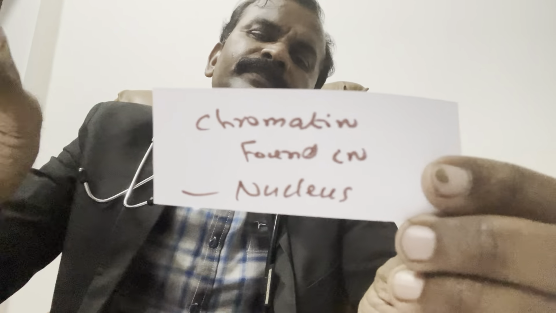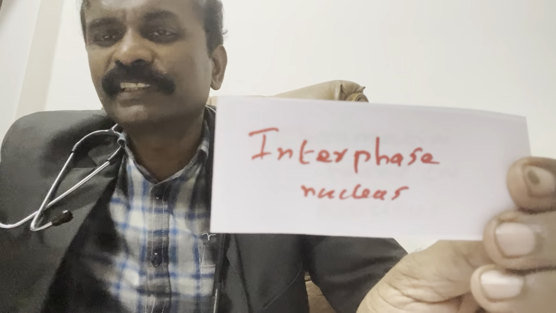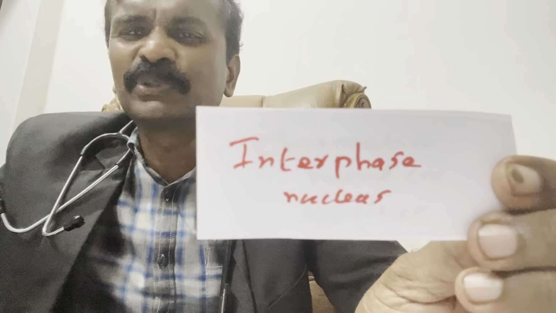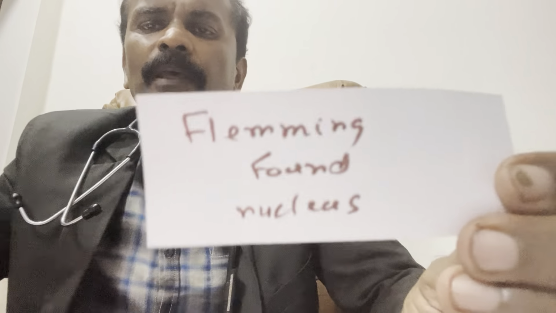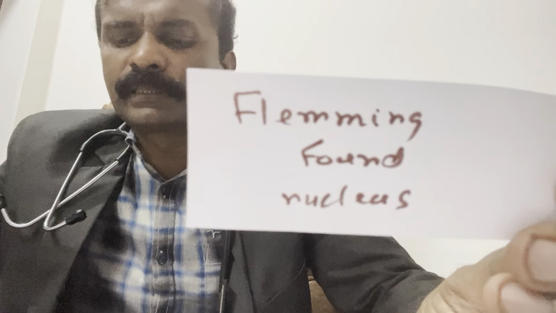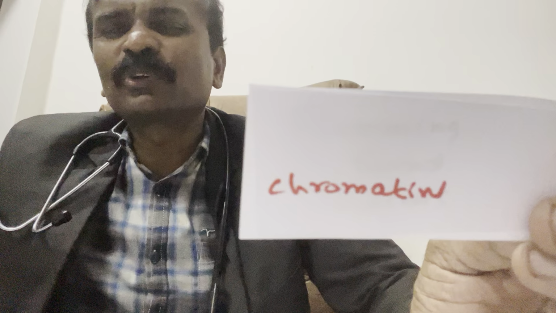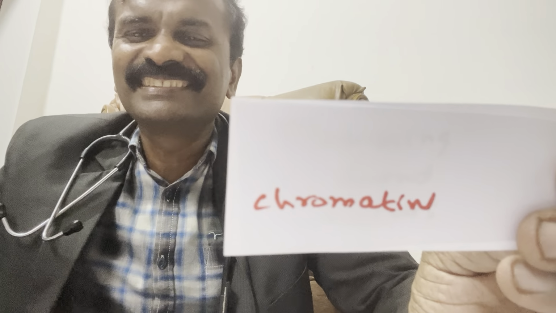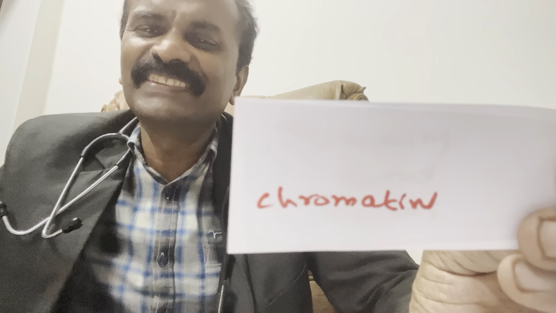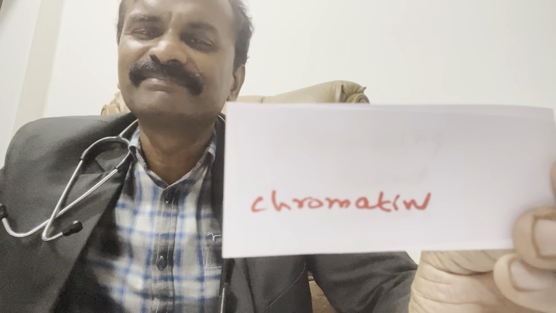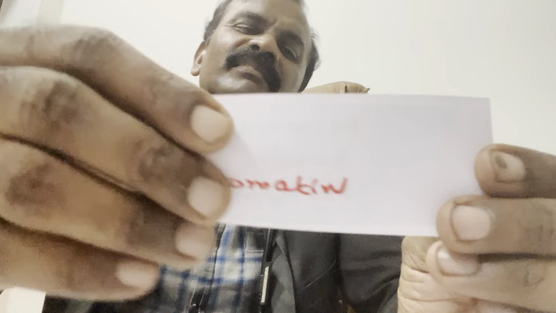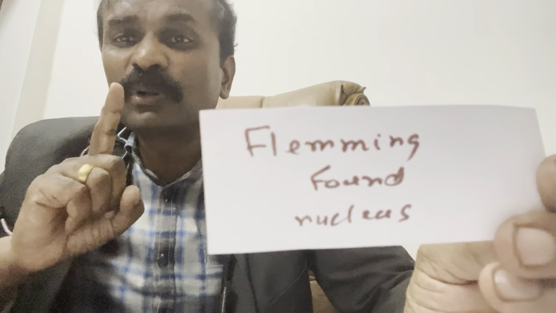Chromatin is found in interphase nucleus. This is the depth of the MCQ. Fleming found chromatin. Today you will answer. Next week, who will answer? You cannot remember anything. With 7 days continuous recall, you will remember for 1 year.